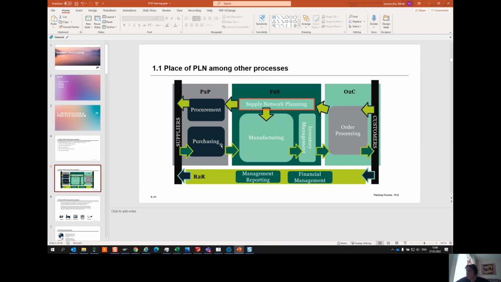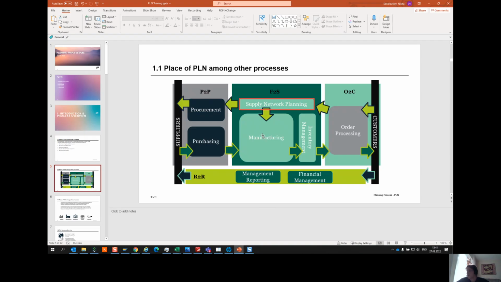Then, for example, when we have bought some ingredients, or some paper, carton, filters, and so on from our suppliers, we have all our components and can start the manufacturing process.